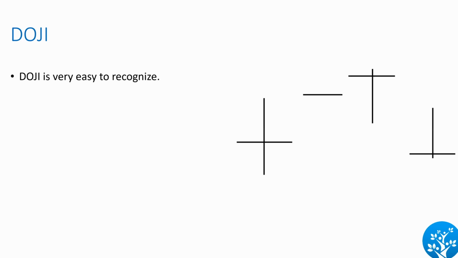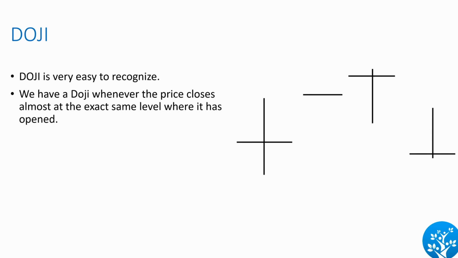Now we are going to go ahead and learn the different types of candlesticks. The first candlestick that we are going to learn is the doji. Somewhere in our previous classes, we already spoke about the doji, but today we are going to understand it a little bit more. What is a doji candle? It's a very simple candle, the easiest to recognize. Why? Because when we have a doji, the price opens and closes almost at the same level.